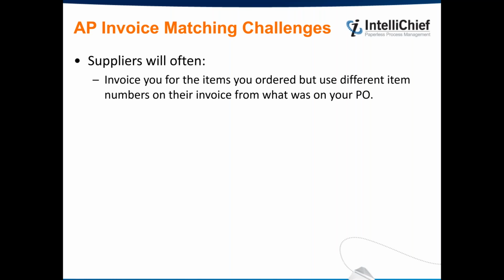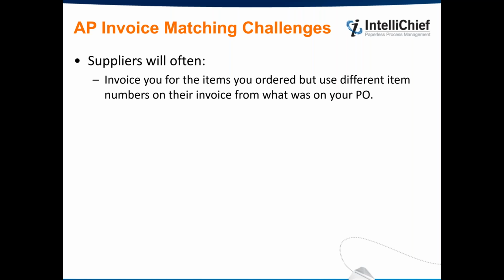So we talked about the matching process, and this is a real challenge when you're trying to get straight-through processing. So when somebody invoices you for items but uses a different item number on the invoice from what was on your PO, right? That happens all the time.